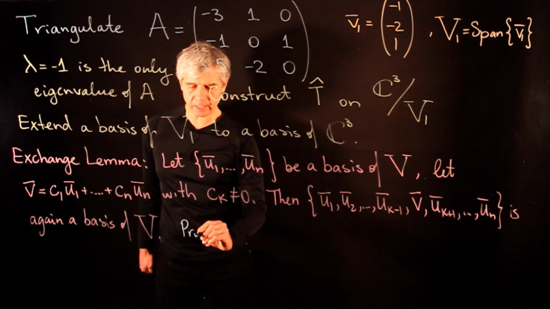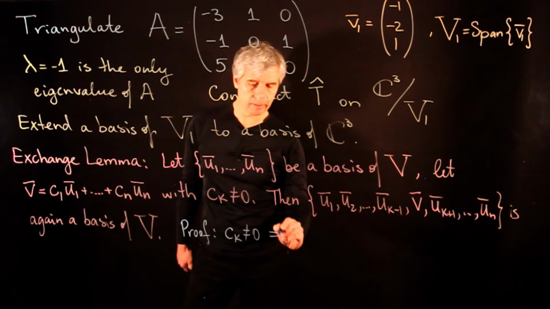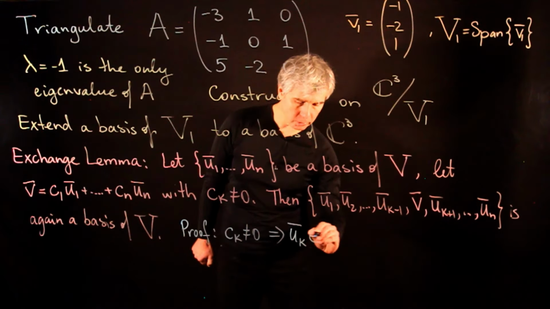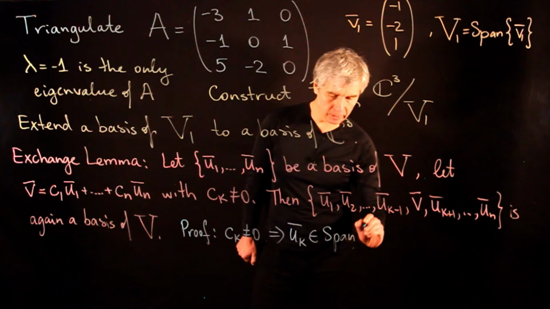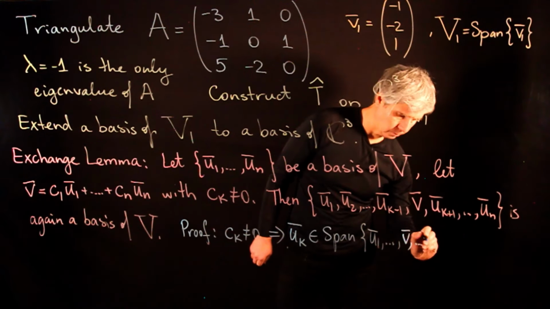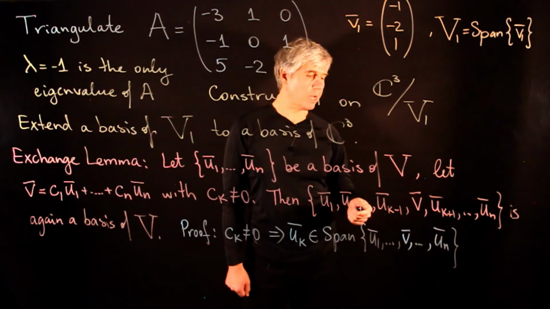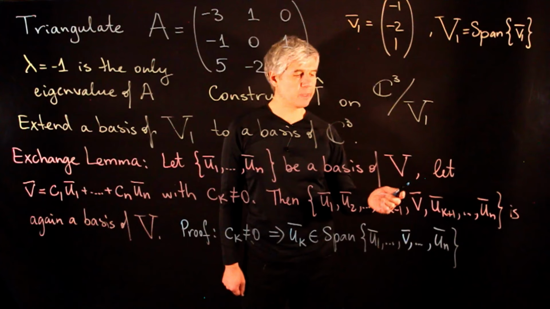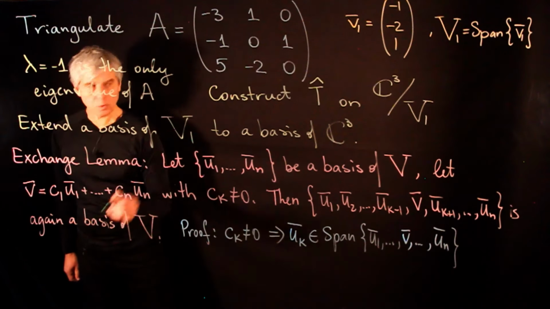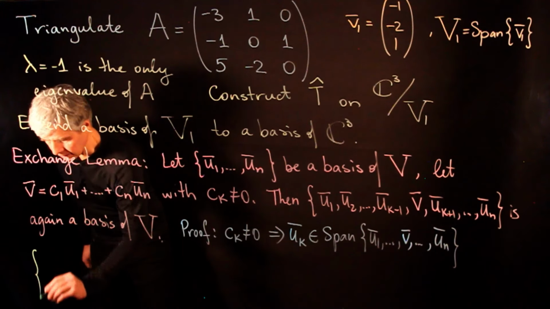And the proof of this is elementary. Since ck is not equal to 0, we can see that Uk belongs to the span of this new set of vectors. And since we now have n vectors that span an n-dimensional vector space, this is a basis. Using this exchange lemma, we see that we have the following basis of C3.